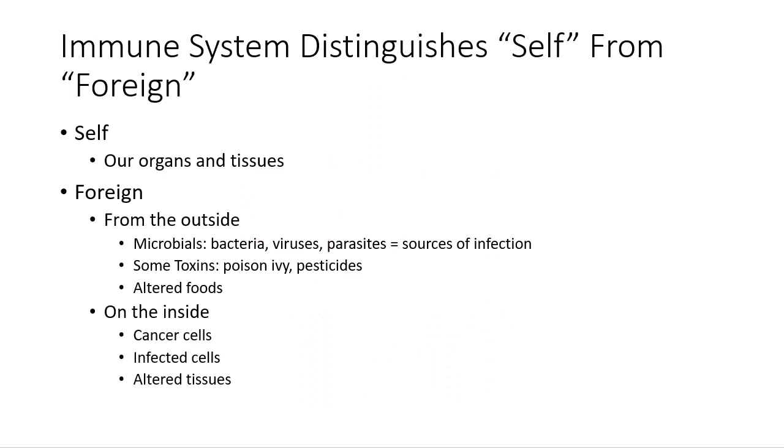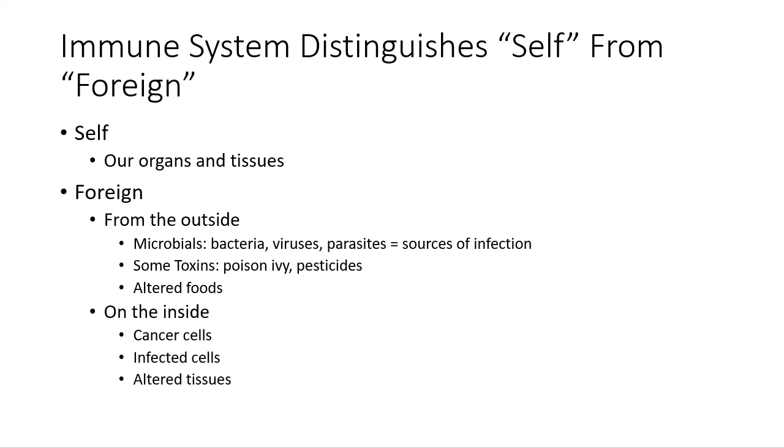A primary chore of the immune system is to distinguish self, or our body's tissues and cells, from everything else, from what we call foreign. Our self includes our organs and our tissues, and foreign means everything from the outside, meaning microbials, bacteria, viruses, parasites, or sources of infection.